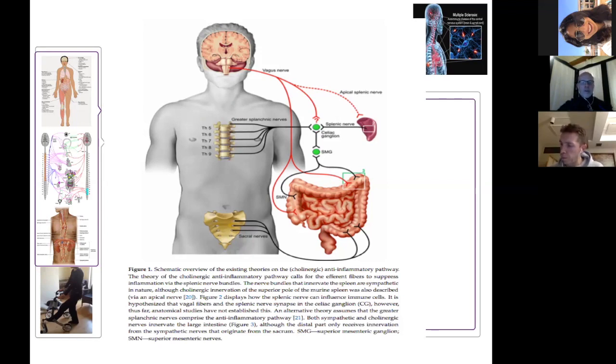So, for example, you can see there the sacral outflow in relationship to sacral nerves. We look in terms of the thoracic, D5 to D9 in relation to the splenic nerves. We're relating to the ventral celiac ganglion and the superior mesenteric ganglion.